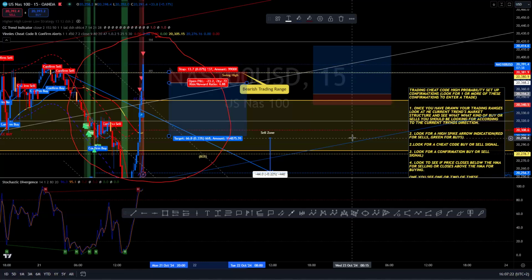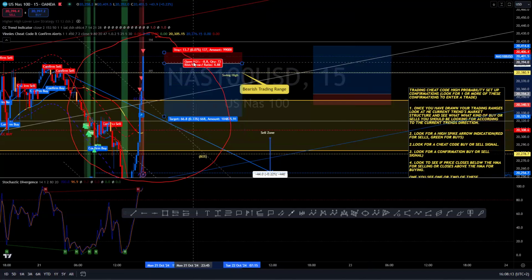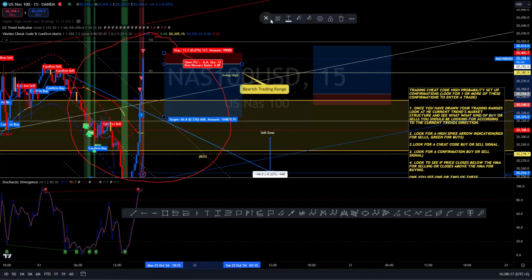About to wait until the next candle. Let's buy up for.